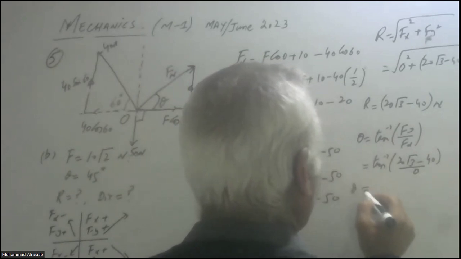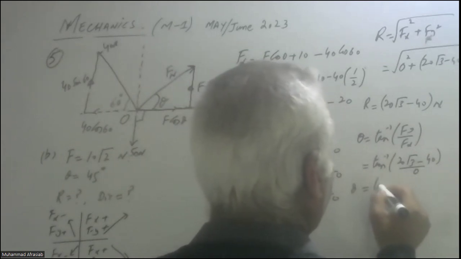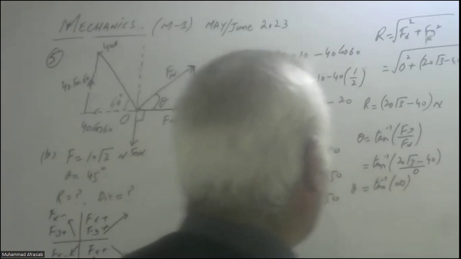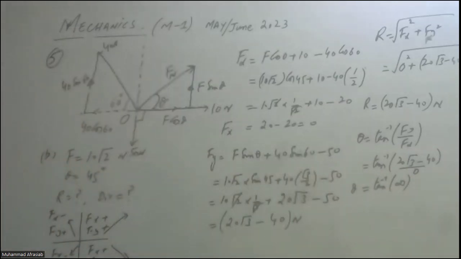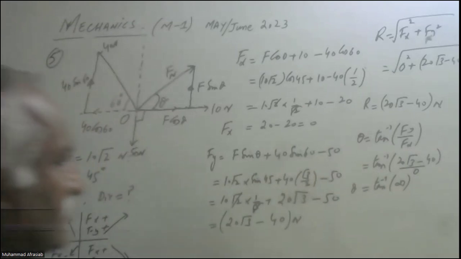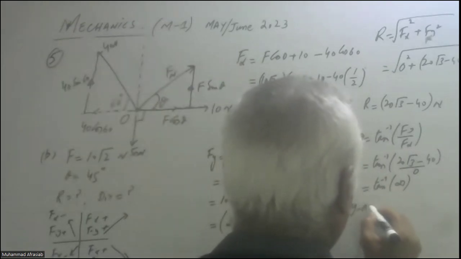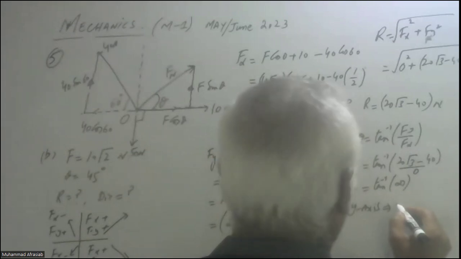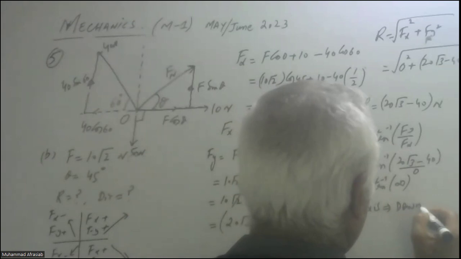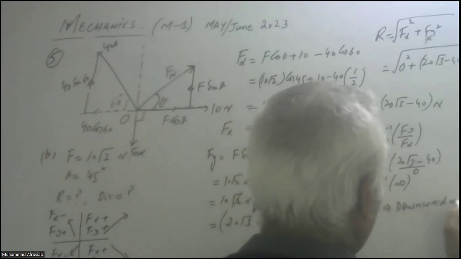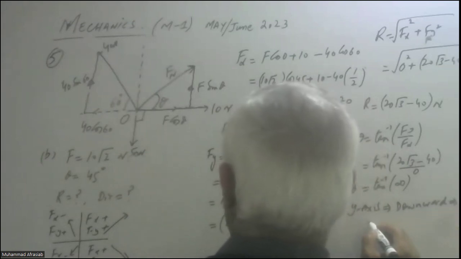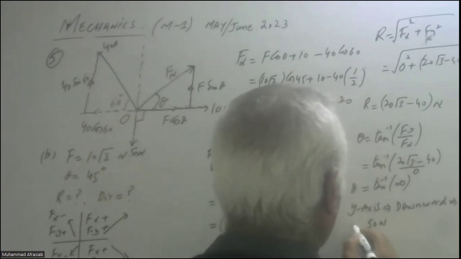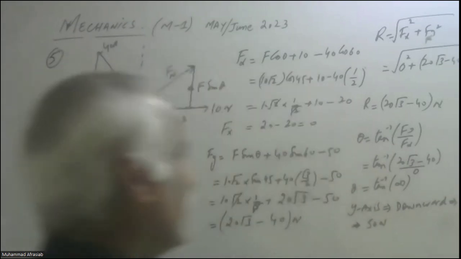That means theta is equal to infinite, tangent inverse of infinity. That means it is acting along the direction of the y-axis, which is downward, or it is in the direction of the 50 Newton force of this value there.